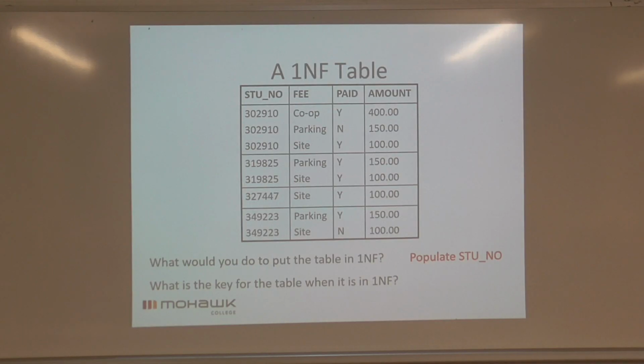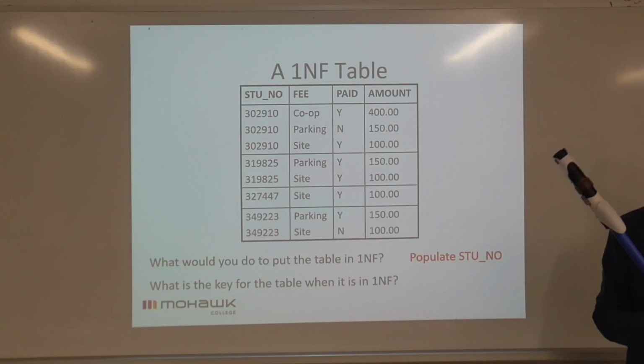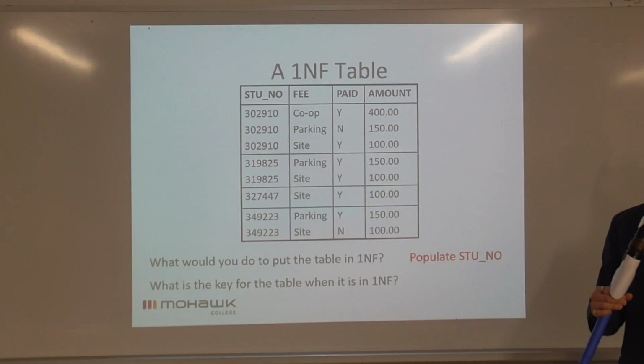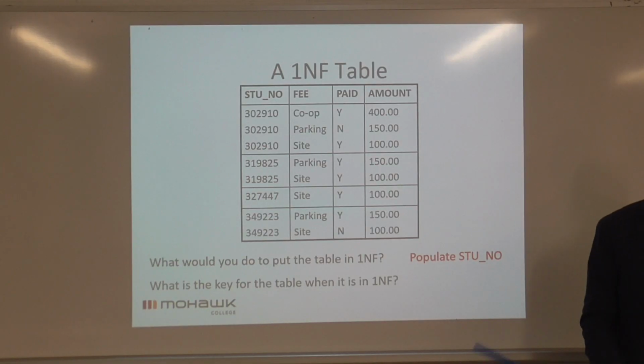All right. Yes? I think maybe the key would be a combination of two things. Yes. A combination. So remember that when we're looking for keys, we're looking for any column or combination of columns that produce a unique value for every record, right?